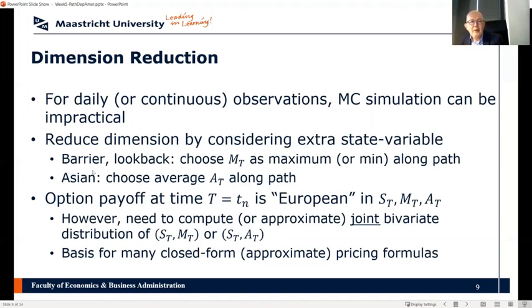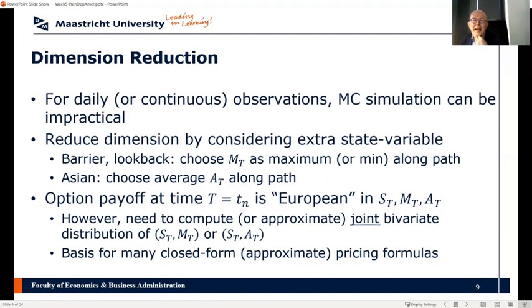In particular, if you look at barrier or look-back options, we can reduce the dimension of the problem by considering a cleverly chosen extra state variable that we want to keep track of. Typically for barrier and look-back options, you look at the maximum or the minimum along a path, and you view that maximum or minimum as a separate random variable, which is correlated with your final stock price.